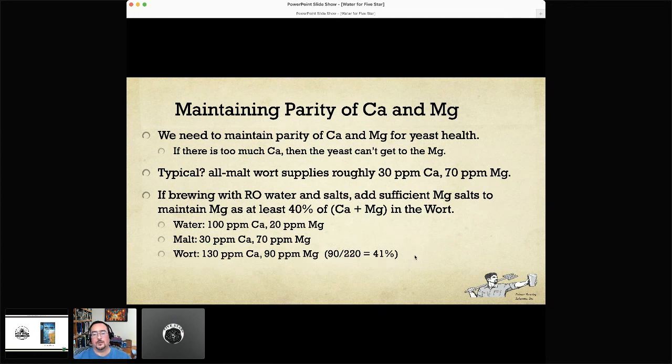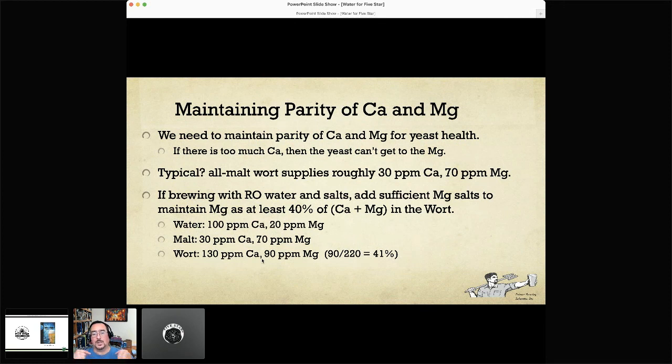So in other words, 90 to 130 isn't essentially equal, but it's in the ballpark. We're maintaining some sort of parity, some sort of equivalence in concentration between the two, and this helps our yeast get the magnesium they need for good, healthy fermentation.